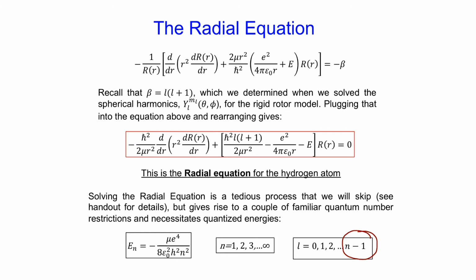He was like, hey, if I include this integer n in my expression and quantize my angular momentum, then it happens to work out. There was not really a better reason than that for how he put these equations together.